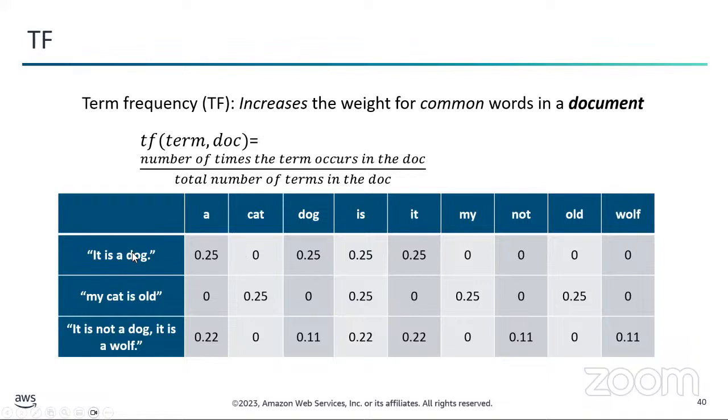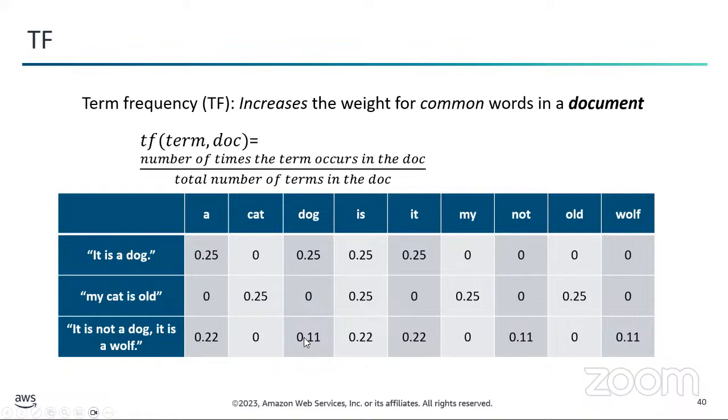Cat does not occur, so its term frequency is 0. Similarly, every other word occurs only once, so the TF is 25% for the words which occur in this document.